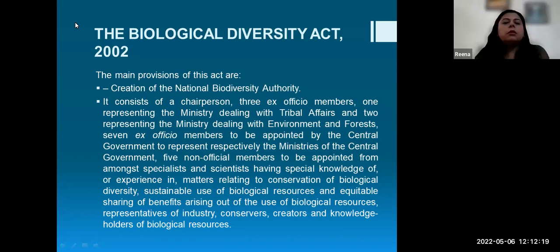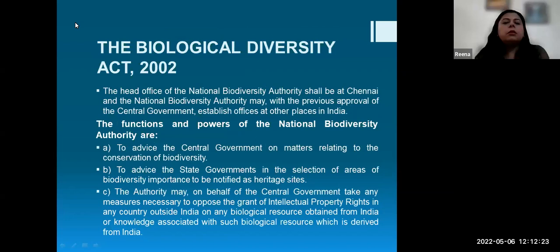As for the functions and powers, the NBA ensures it advises the central government on matters relating to conservation of biodiversity. For example, if the tiger population reduces and reaches a critical level, they have to suggest that the central government plan and provide funds and investment for introducing a conservation plan for tigers or for any other species.